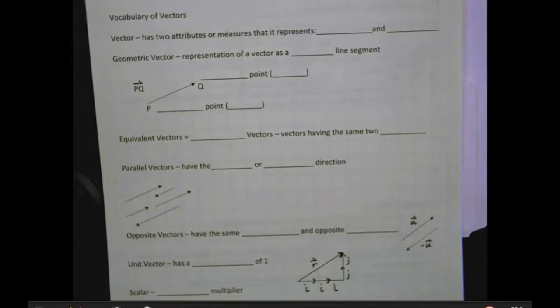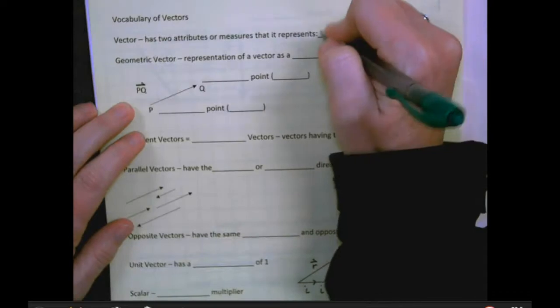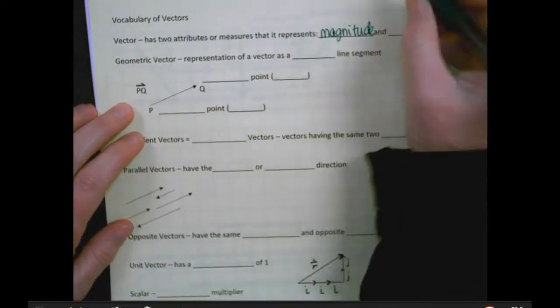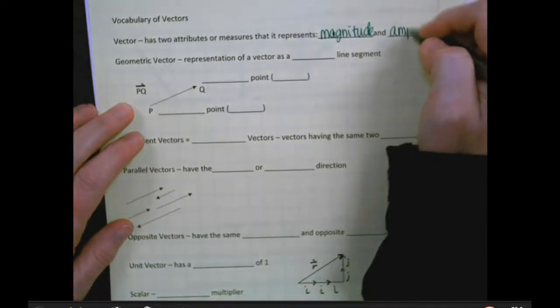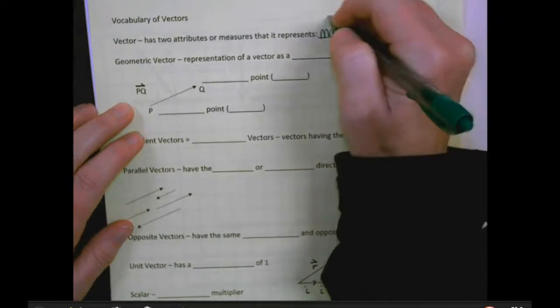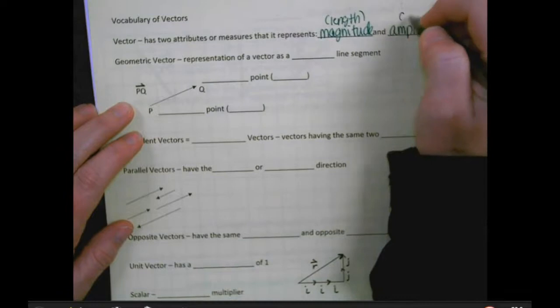Okay. So, vector has two attributes. It has magnitude and amplitude. The magnitude is the length, and the amplitude is the direction.